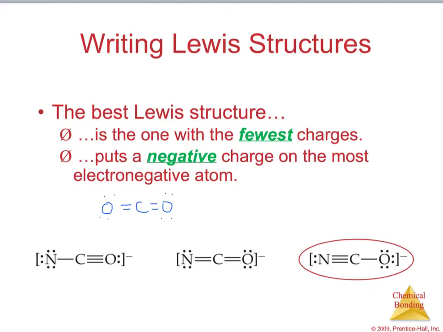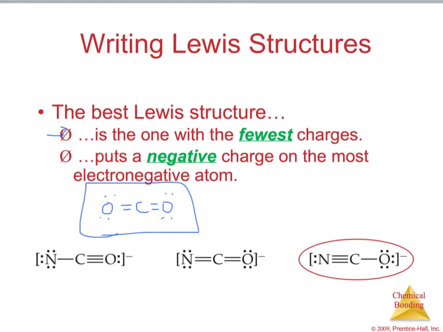So based on the first rule here, we can say that this right here would have been the correct Lewis structure. And before we end this, I just want you to keep in mind that a formal charge does not represent the real charge of an atom. So please don't think that that has any bearing on this.